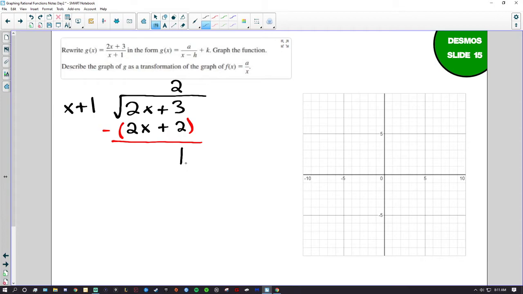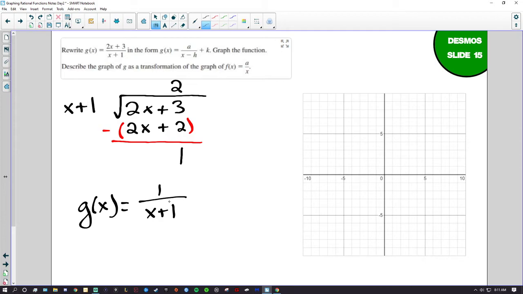Okay? So now to rewrite this, we're ready to rewrite it as a over x minus h plus k. So how would we rewrite this? Let's take a look. So we know we have a remainder of 1. So we know we're left with 1 over x plus 1, that's our remainder. Remember, when we have a remainder, we take the remainder and divide it by what we're dividing by.